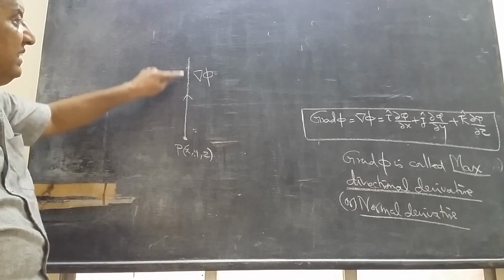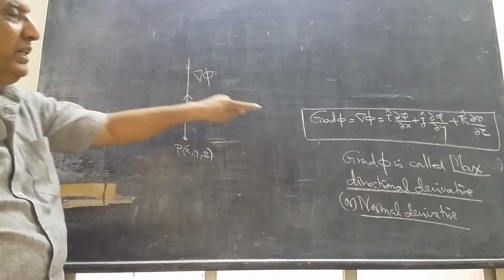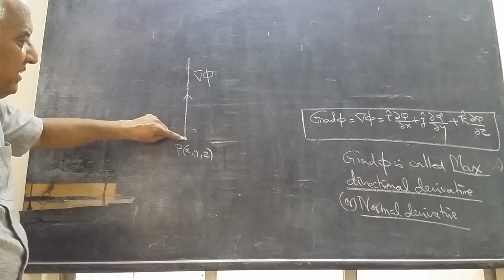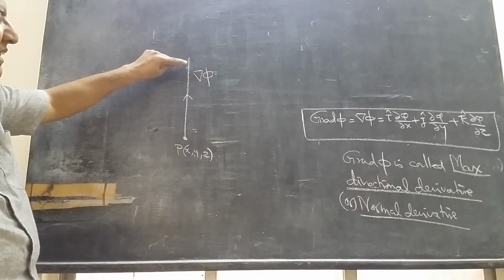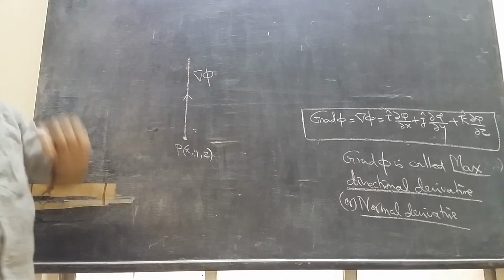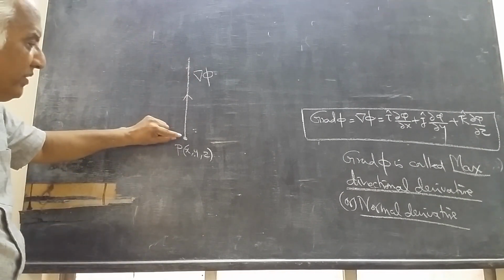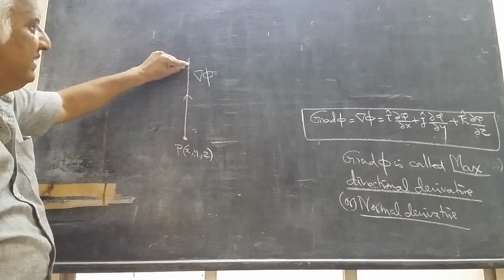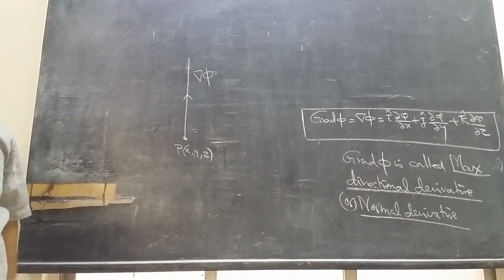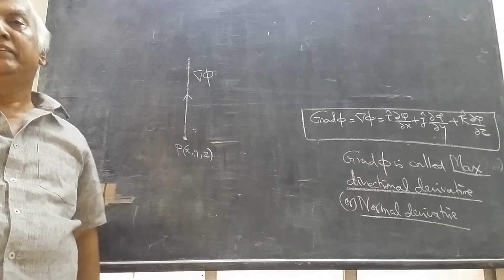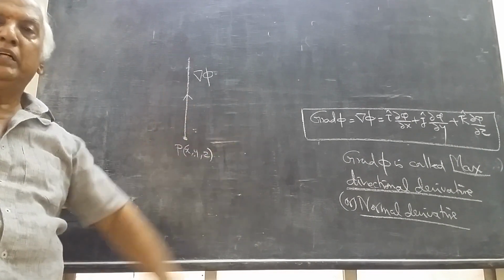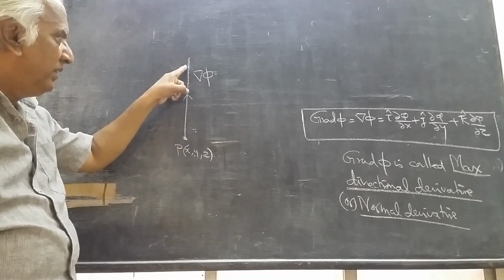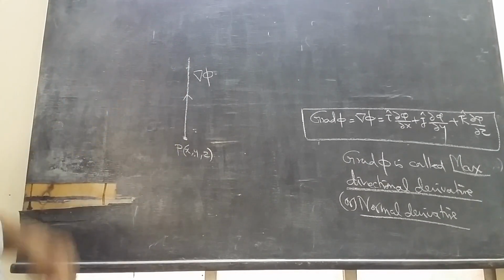This direction is the maximum directional derivative. That means the rate of change of phi is maximum in this direction. If you go from the point P in the direction of del phi, the function will increase maximum per unit length.